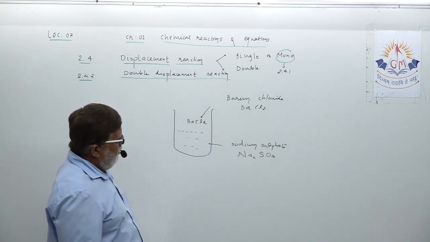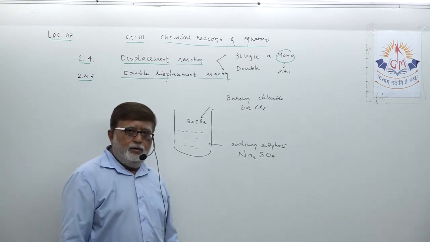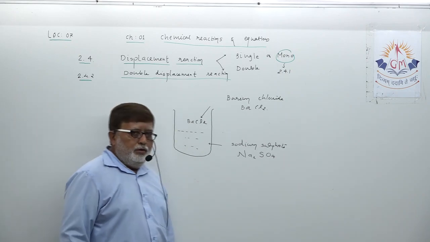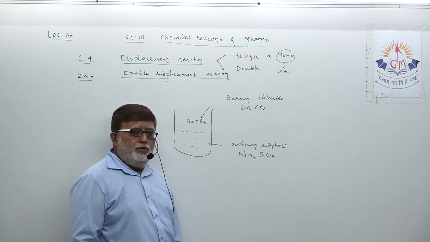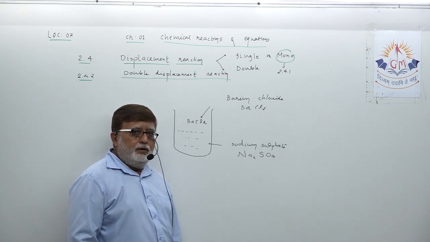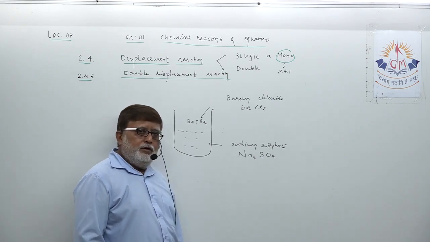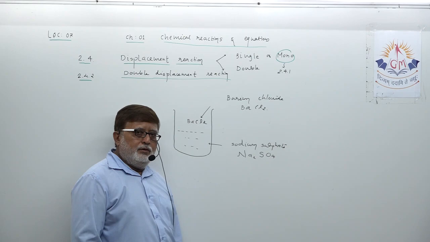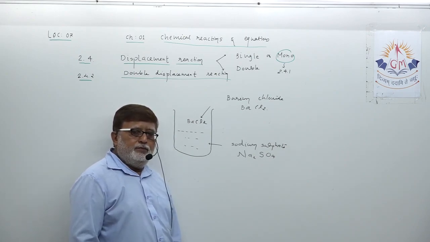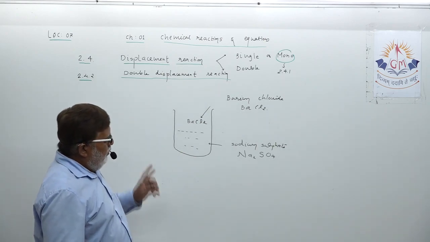Both solutions, dear student, whether you think of sodium chloride, sodium sulfate or barium chloride, are colorless. Again one line. What is the color of barium chloride solution? Understand? Transparent. What is the color of sodium sulfate solution? Transparent.